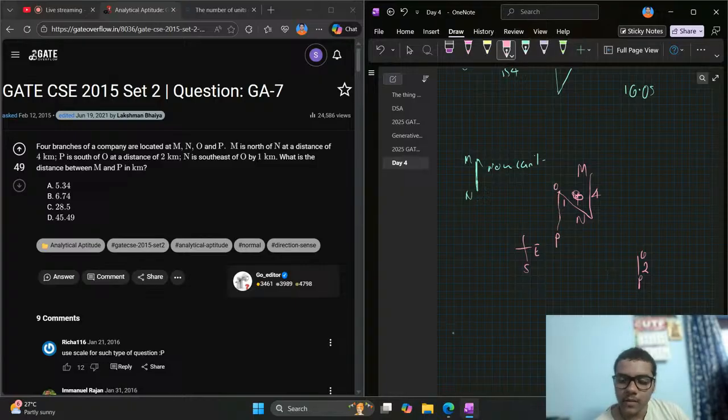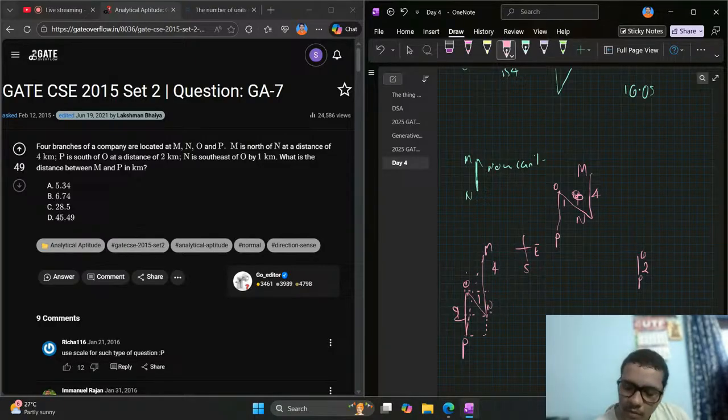P, alright. So this is our diagram, everybody. PO is 2, this is 1, this is 4. As you can see, this is a triangle. We need this length.